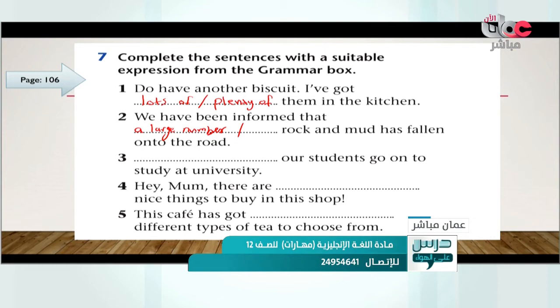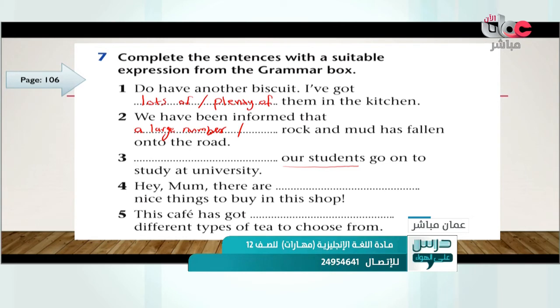Number 3: our students go on to study at university. Here, if you notice, it is a little bit more formal, and this is a countable noun. So the best answer for this sentence, what do you think, guys?